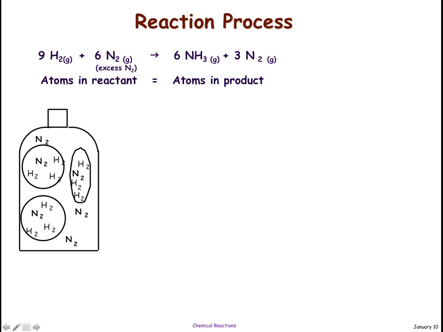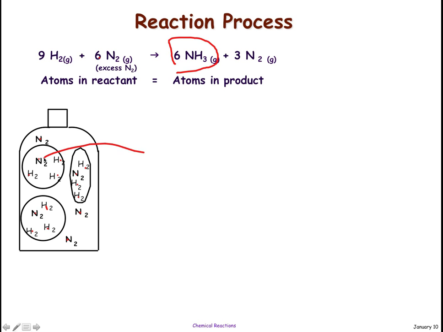Here's another example. In this particular example, again, we're forming ammonia, but I want to show you again how these things combine. You have 9 hydrogens, 1, 2, 3, 4, 5, 6, 7, 8, 9, and 6 nitrogens, 1, 2, 3, 4, 5, 6. I'm showing you again the group that's going to form the product ammonia, and there's going to be 6 ammonia.